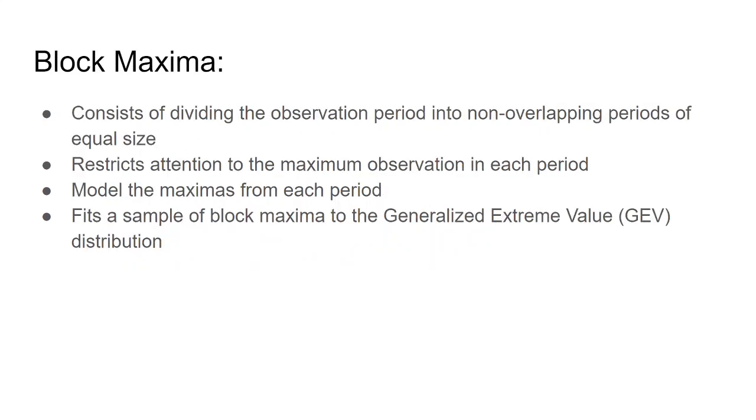And now elaborating on the block maxima approach. It consists of dividing the observation period into non-overlapping periods of equal size. Let's say we have data over the course of time.